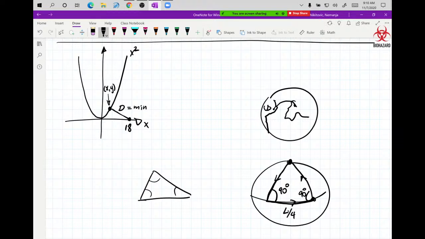So if you walk in this pattern, you have 90 degrees and 90 degrees, and you still have the third angle on top. So you already used 180 on the equator. Well, if you walked 1/4 of the Earth on the equator, then the top angle is also 90, and you get 270 degrees, right?